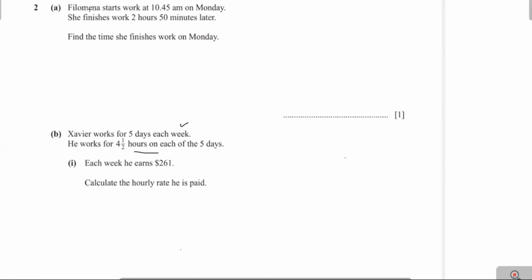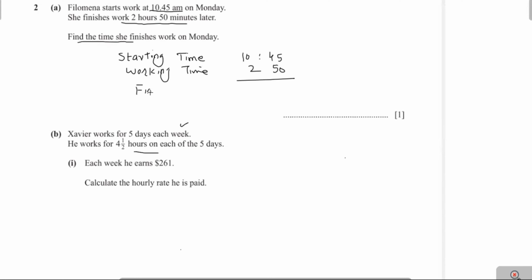Question number 2, part A. Flomina starts work at 10:45 a.m. on Monday. She finished work 2 hours 50 minutes later. Find the time she finished work on Monday. Firstly, we write the starting time 10:45, and the working time 2 hours 50 minutes.